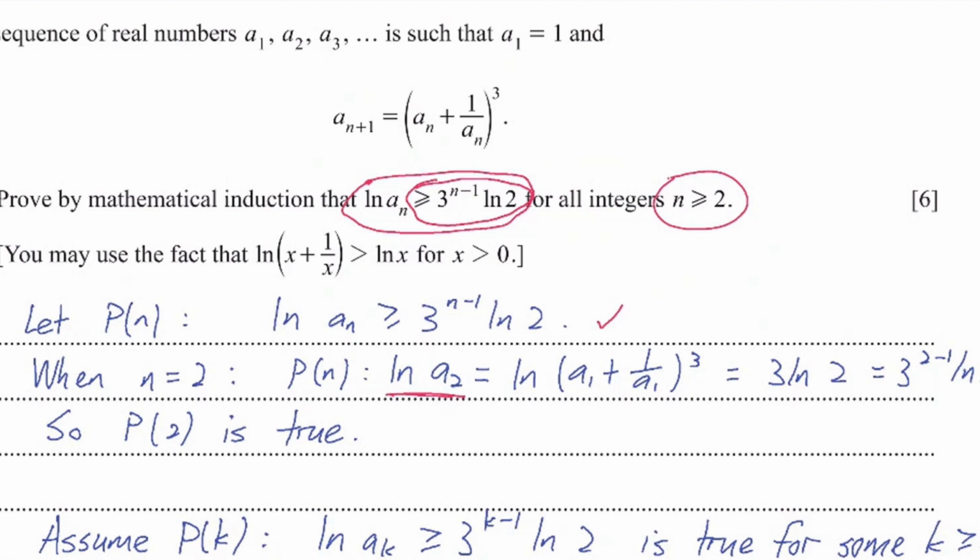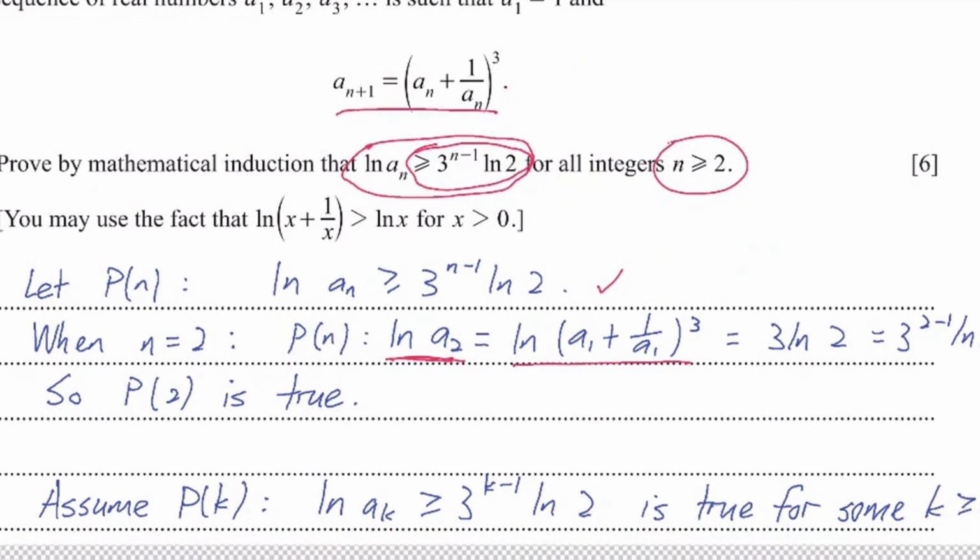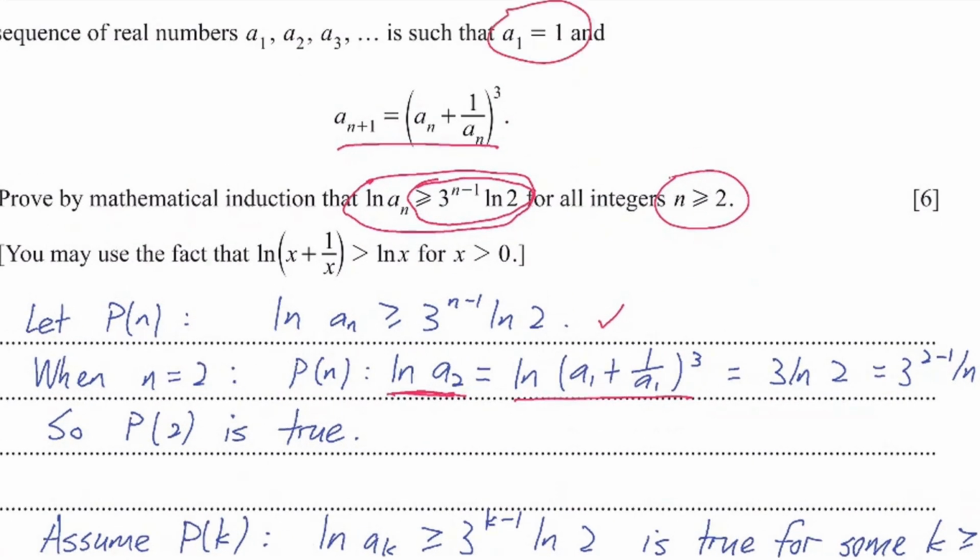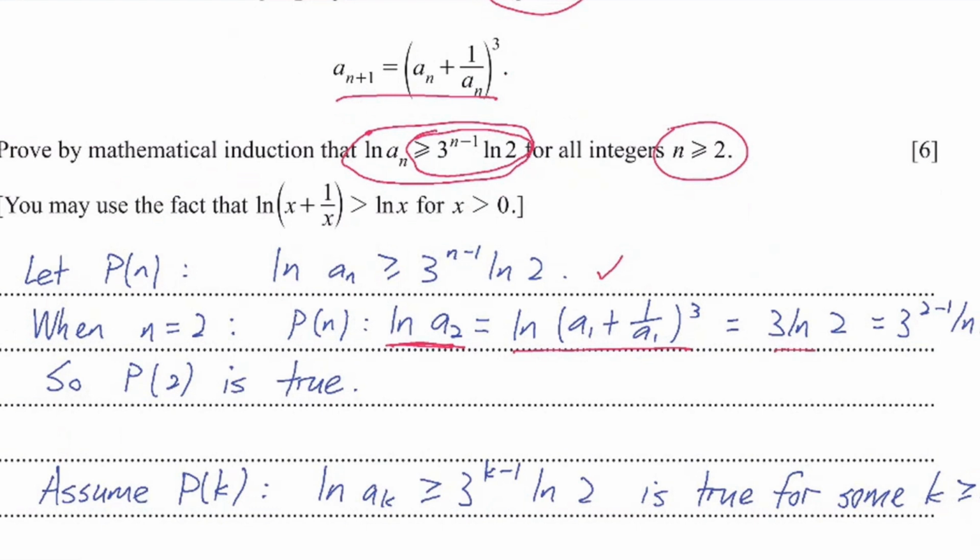We are also given this number here. ln A2 is the ln of (A1 + 1/A1) cubed. They tell us that A1 is 1, so we substitute that in and get 3 ln 2. This is the same as what we have when we substitute n into the right-hand side, which is 3 to the power of (n minus 1) times ln 2. So it's the same, the first case is correct, and we can say that P(2) is true.